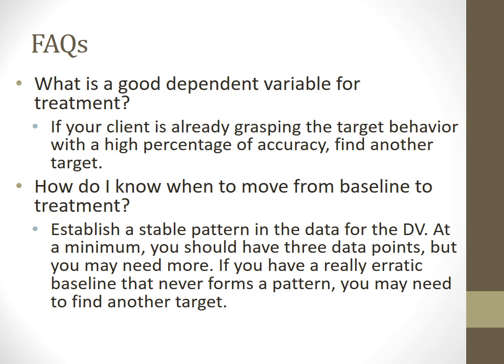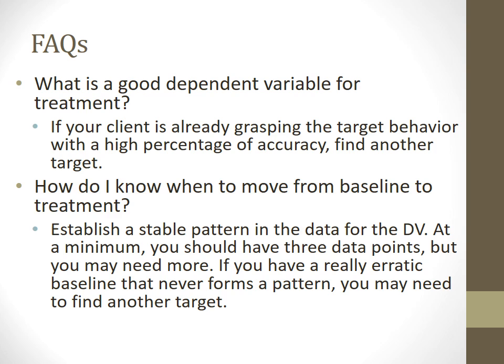Next is the issue of baselining, particularly in that first A phase. So how many data points do you have to collect before you can begin treatment? And the answer to that is usually at least 3 data points, and more if you're graphing your data and maybe the first data point was very low and the second is a little bit higher and then it's lower.